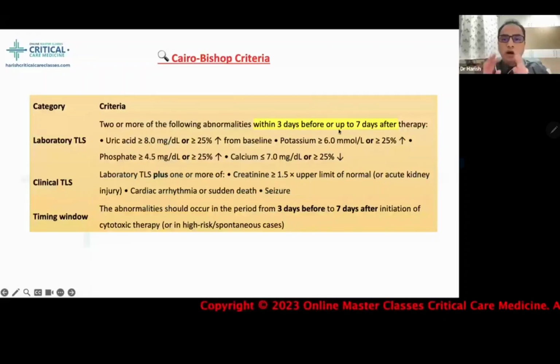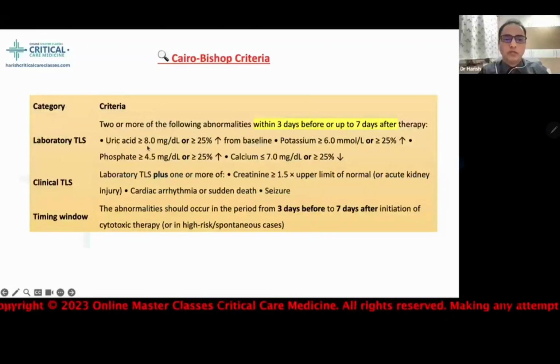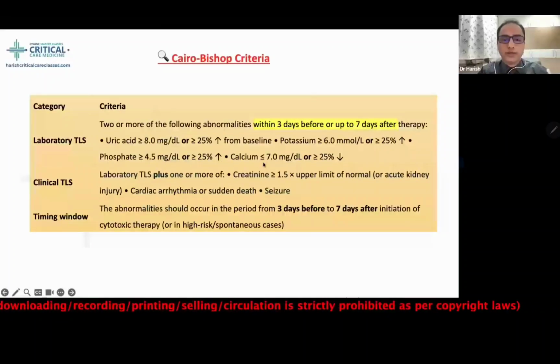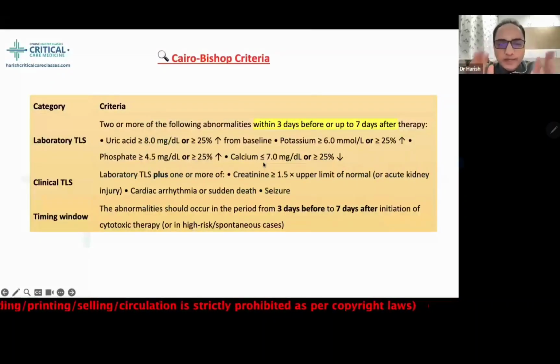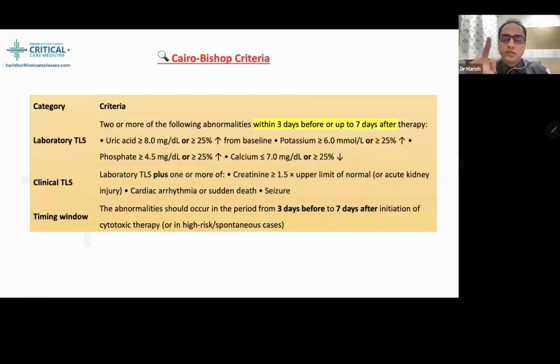Two or more of the following lab criteria: uric acid of more than or equal to 8, or more than 25% increase from the baseline; potassium of more than or equal to 6 or more than or equal to 25% increase; phosphate more than or equal to 4.5 or more than or equal to 25% increase; calcium the same, but it is a decrease in calcium. So calcium less than or equal to 7 milligram per deciliter, or a decrease of more than or equal to 25% from the baseline.